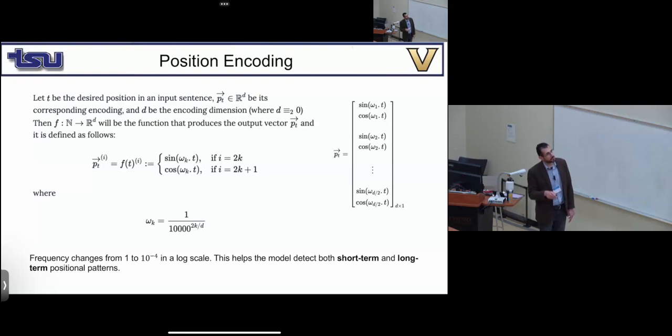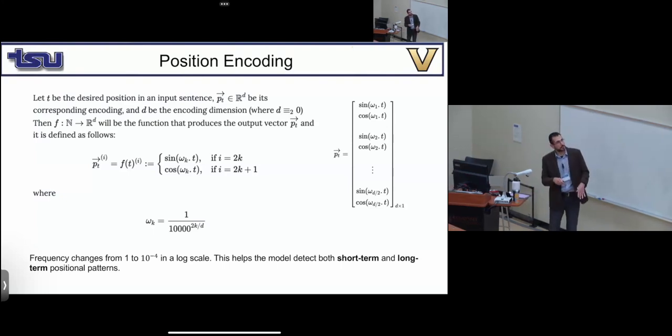I broke my d into 2 pieces, and I put sines and cosines with different frequencies. Now, what is this omega? This omega in that paper was set to 1 over 10,000 to the power 2k/d. Why? Because they wanted to obtain a log scale sampling of the frequency space between 1 and 10 to the negative 4. In the paper they say this will allow them to model short-term and long-term positional patterns. But for the sake of our discussion, all we need to care about is that I can use a bunch of sines and cosines to encode the position information.